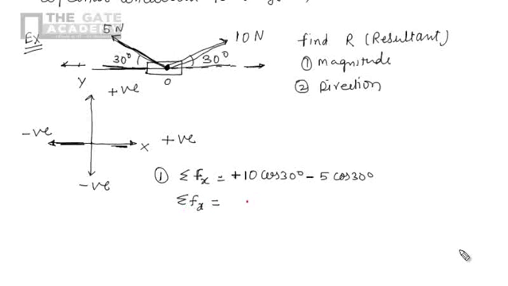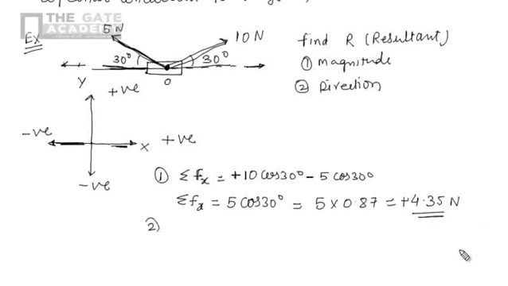It is plus 10 cos 30 minus 5 cos 30. The cos 30 value is 0.87, so it comes to 4.35, positive. It means it is acting in the positive x direction.